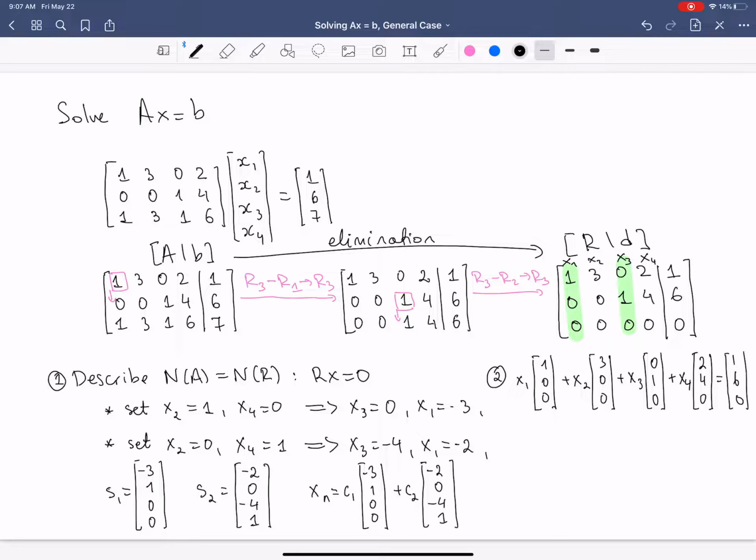Remember, we just need one combination of the column vectors. There is more than one. Because there is a null space, we know that there is more than one solution, but we just want one.